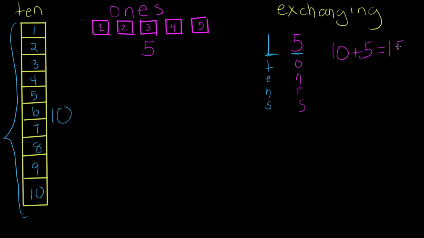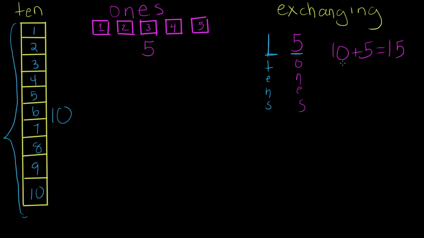Well, that gives us 15, and you can see that here because we can count them all. 1, 2, 3, 4, 5, 6, 7, 8, 9, 10, 11, 12, 13, 14, 15. So we know 10 plus 5 is 15, or 15 represents 1 ten and 5 ones.